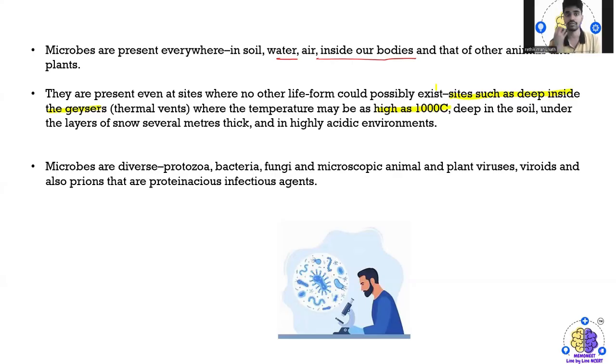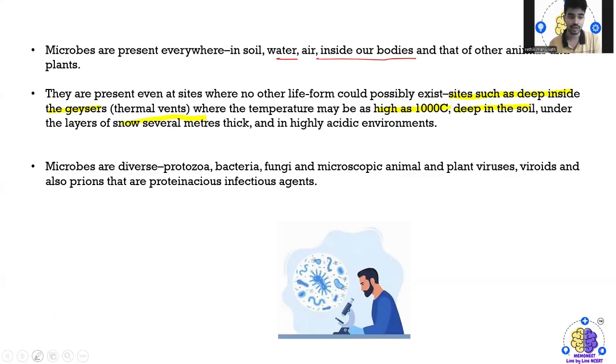You can't imagine the possibility of any living organisms at that high temperature, right? But even in that harsh condition, we can see the presence of certain microorganisms which normally live there. They are also found deep inside the soil, under layers of snow several metres thick.